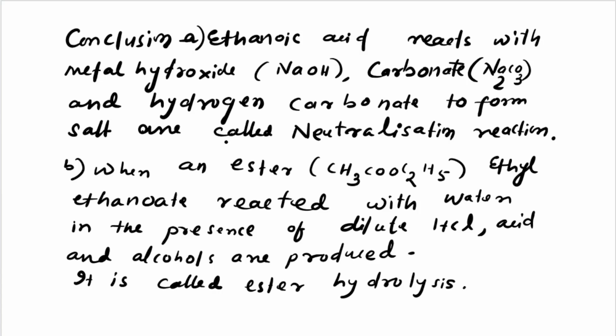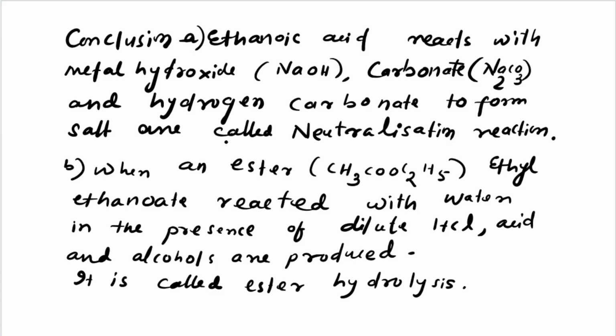That means the ethanoic acid reacts with metal hydroxide, carbonate, and hydrogen carbonate, that means sodium hydrogen carbonate, to form salt. The reaction is called neutralization reaction. It makes the acid power neutral, and that is the neutralization reaction. Only here you will see salt is formed.